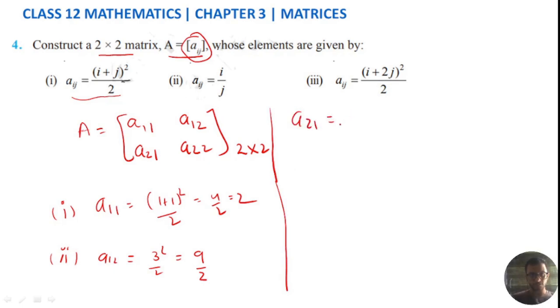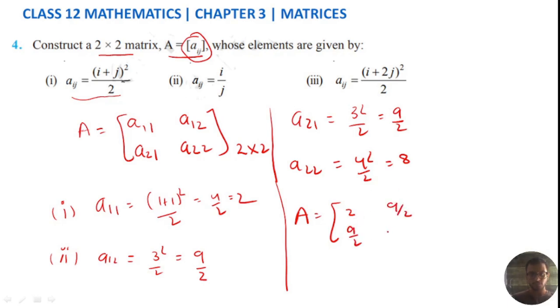It will be 2 plus 1, which is 3, 3 square by 2, that is 9 by 2. And A22 will be 2 plus 2, 4, and 4 square will be 16, and 16 divided by 2 will be 8. So what does general A become? A11 is 2, A12 is 9 by 2, A21 is 9 by 2 and A22 is 8. So this is our required general matrix.